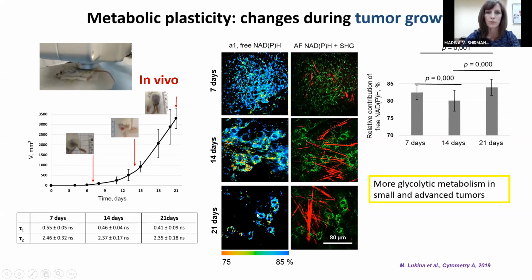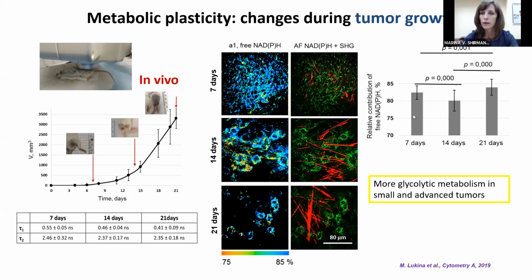And we did fluorescence lifetime microscopy, and these images show you the fluorescence intensity of NADH overlapped with the second harmonic generation signal from collagen fibers, shown in red here, just to assess the tissue structure. But the main result here is that we do not see any differences in fluorescence lifetime during the growth. T1 and T2 values are quite the same for different stages, but the relative contribution of free NADH changed here.